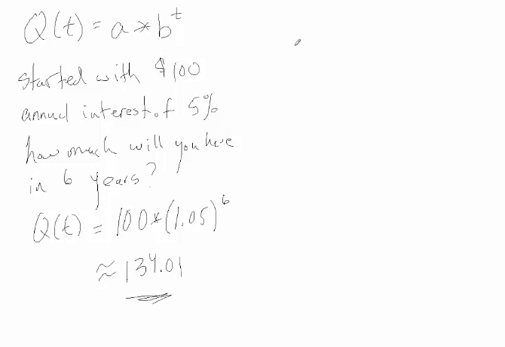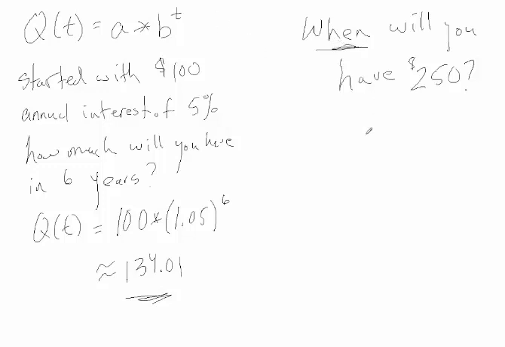What if now I say you started with $100 at that interest rate, when will you have $250? So since we want to find when, we're going to be solving for t.